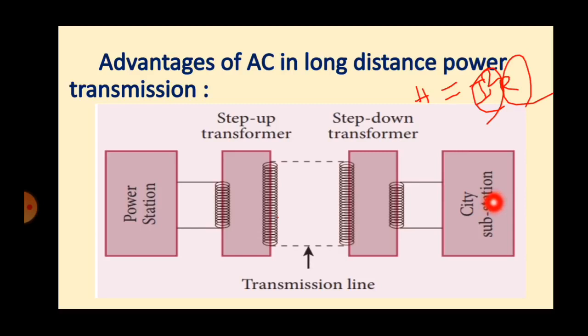So the voltage is decreased and the current is increased to an appropriate value by using a step down transformer, and then it is given to the consumer. So this power transmission is done efficiently and economically.